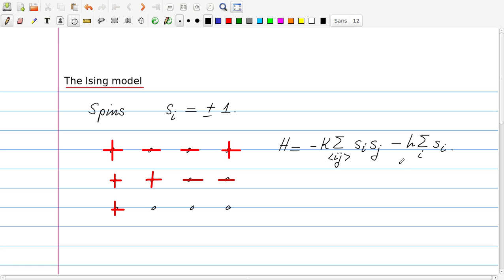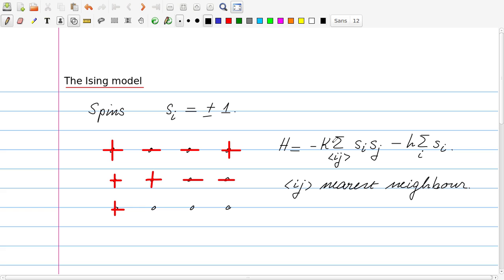So this is the Hamiltonian, and the notation means the following of these angular brackets. Angular brackets i and j means nearest neighbor interaction. So that means that i should be a nearest neighbor of point j. For example, these 2 spins are nearest neighbors.